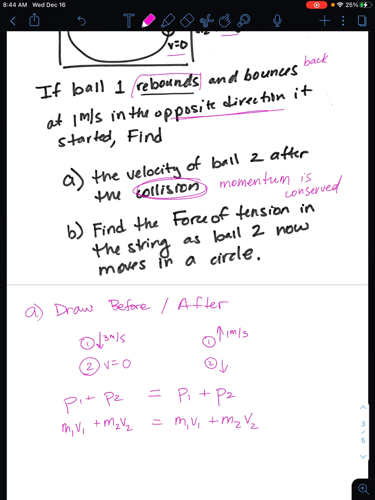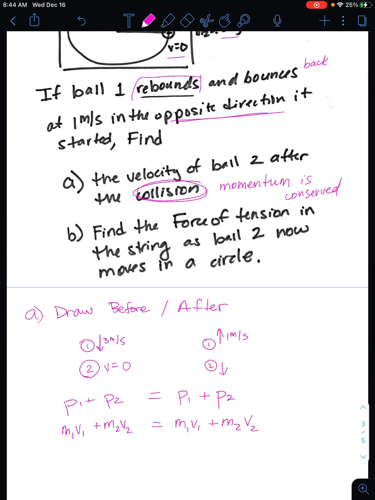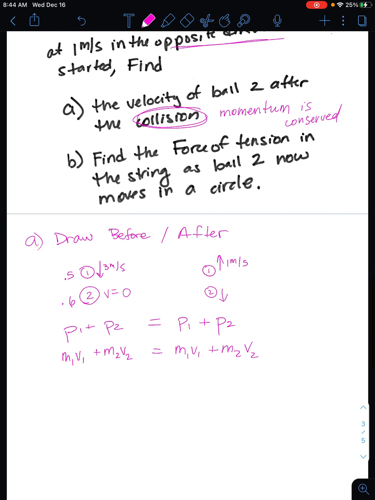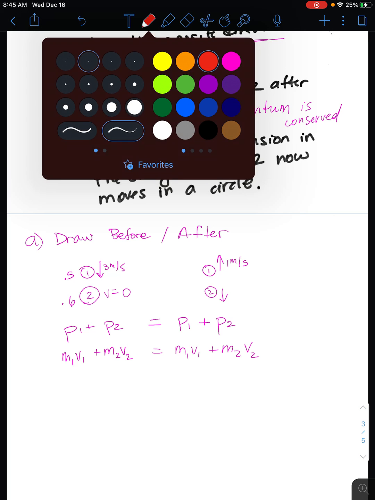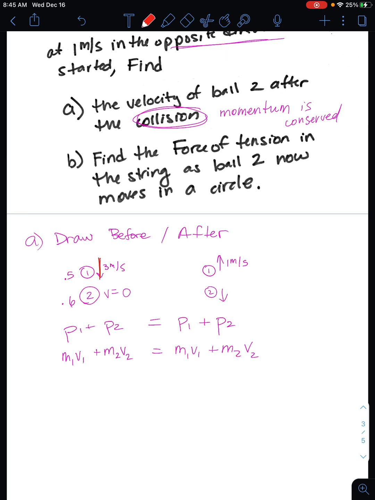So let's see, object 1 had a mass of 0.5 kilograms, and object 2 had a mass of 0.6. So I'll do 0.5 kilograms at 3 meters per second, but wait a minute. Notice how I've got arrows on these. Let's take a minute to look at these arrows and say that we decided that the downward direction was going to be negative.